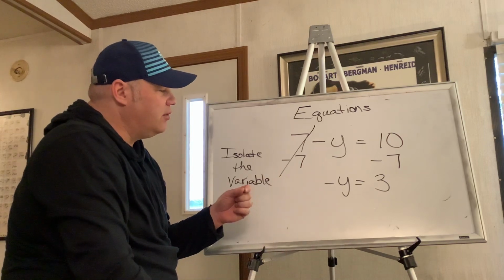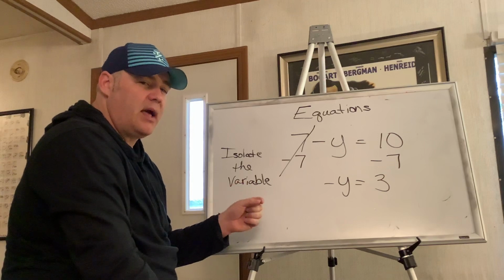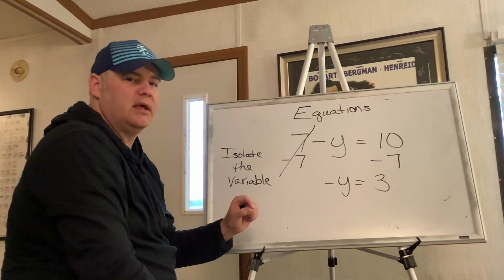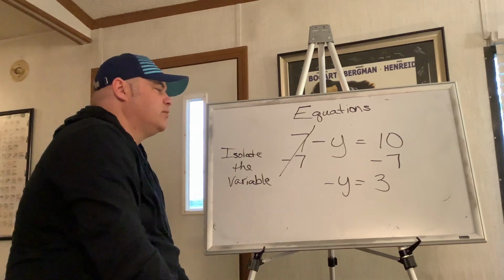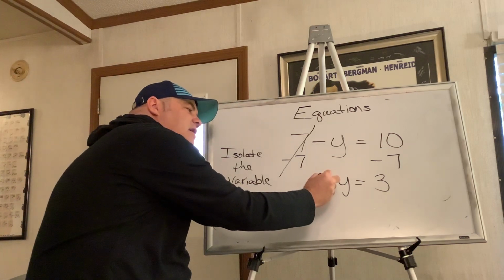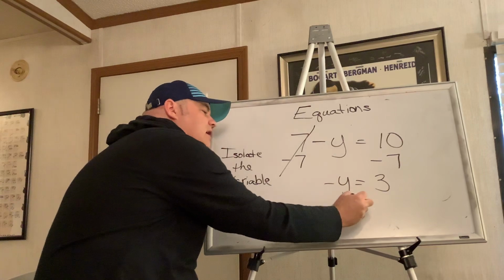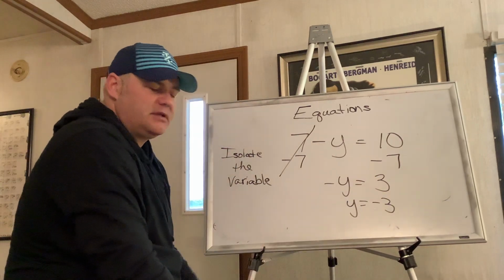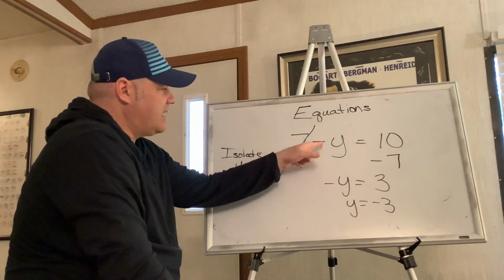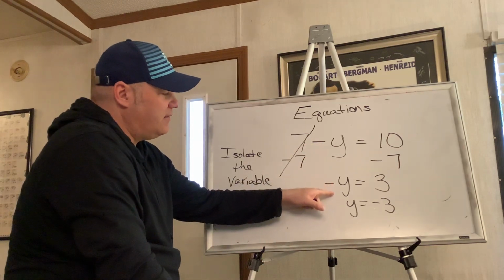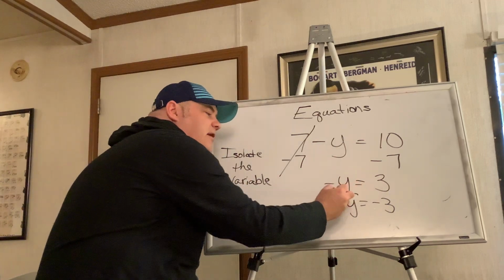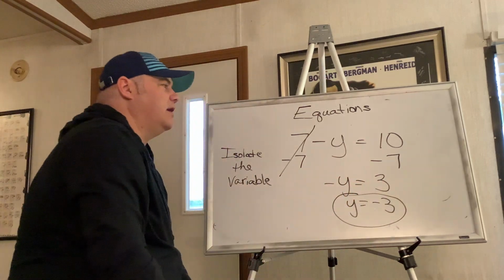I'll go through the more technical way of what we're doing here, but for now, just to get in the process, instead of having the negative here, we're going to take it off and put it over here. There's a whole reason why, and we're going to go into that tomorrow, but just know if you get down to this, take the negative off and put it over here. So instead of negative y equals 3, you have y equals negative 3.